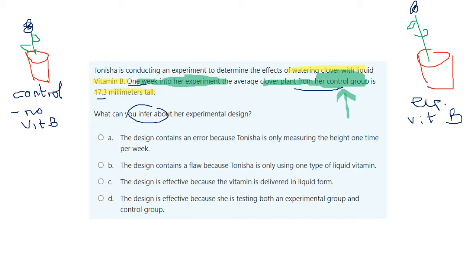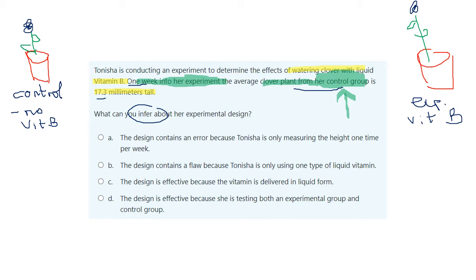But also, some plants grow slowly. So she might conduct the experiment for 2 months and check the height every week. Some plants might grow very quickly, so you might want to measure the height more often. But we're talking about a plant growing. A plant will not grow so much in 1 day, so checking the height every week would seem to make sense.